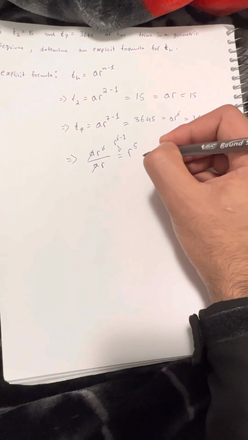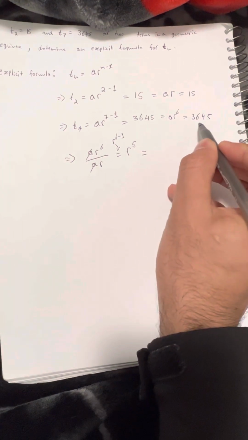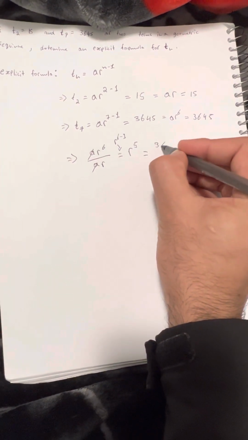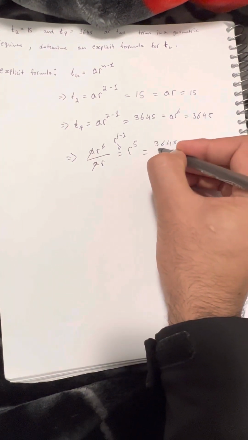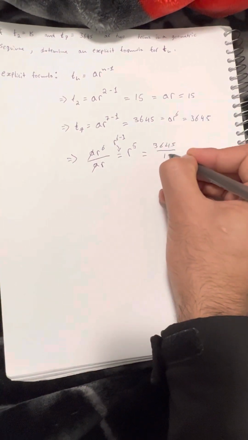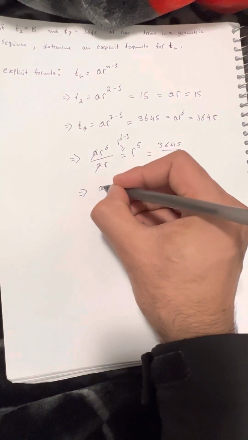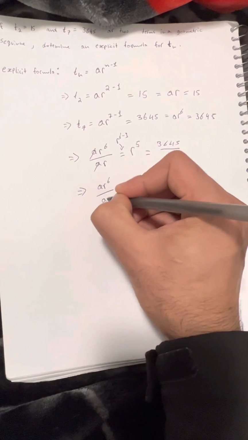So R to the 5 equals, well, we know AR to the 6 was 3645 over AR, which is 15. Another way you could write this, if that didn't make sense, is AR to the 6 over AR.